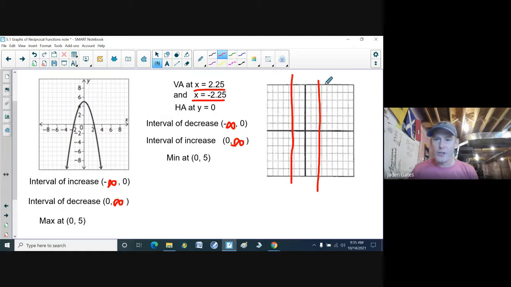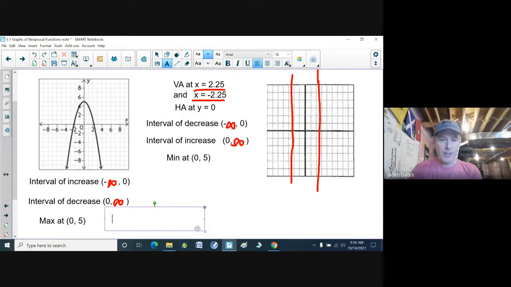There's the other one. So there's our two VAs. All right, well, if I pick one in the middle here, it's going to be left of one and right of the other. So it's in the middle, and so I got to find 1 point left of my VA and 1 point right of my VA.